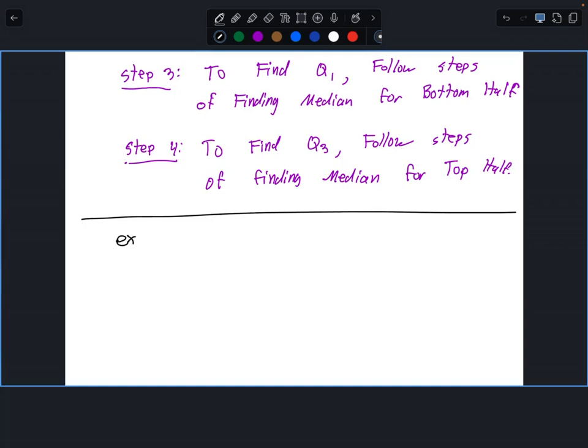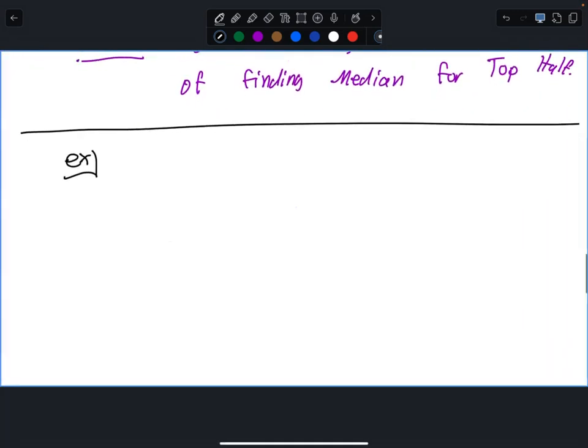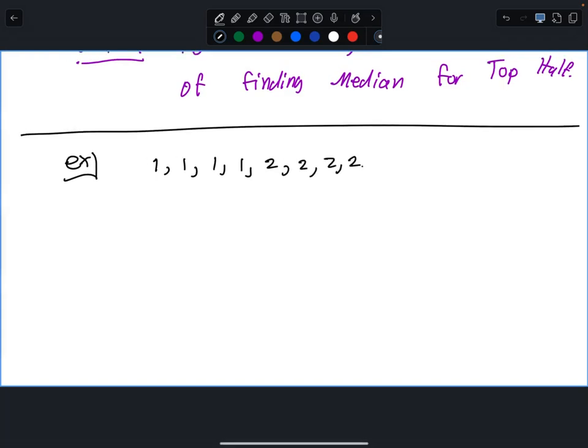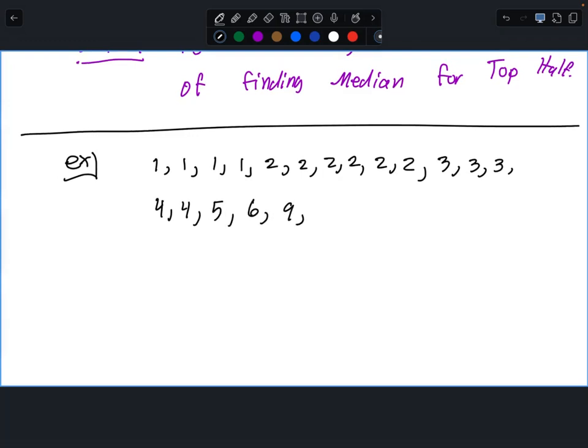Here's the example. This is the same example we worked on before. Here is the data that we had before, and it's in order. 1, 1, 1, 1, 2, 2, 2, 2, 1, 2, 3, 4, 5, 6, 2, 3, 4, 5, 6. 3 threes, 1, 2, 3, 2 fours, 4, 4, a 5, a 6, a 9, and a 12.